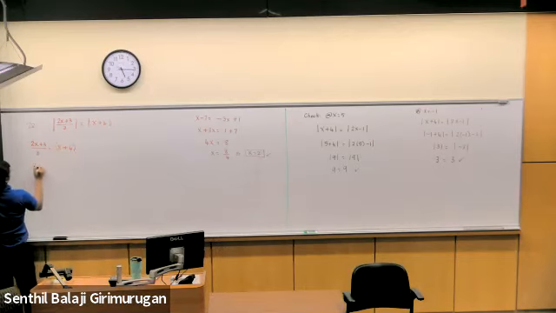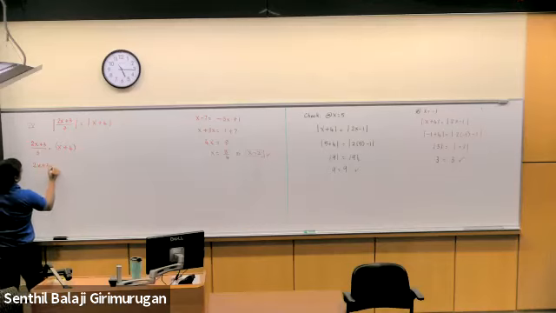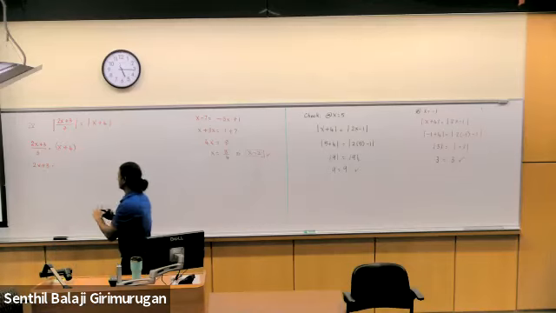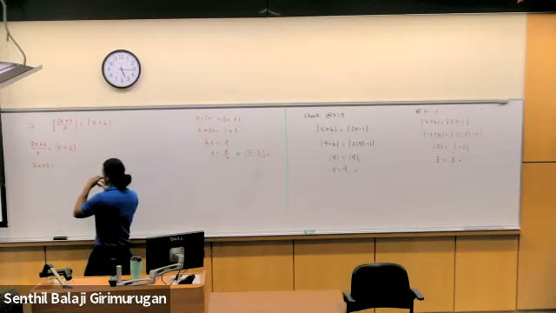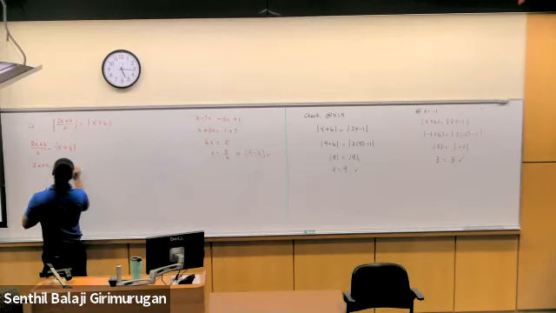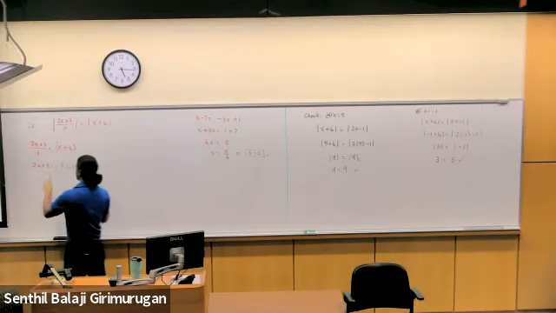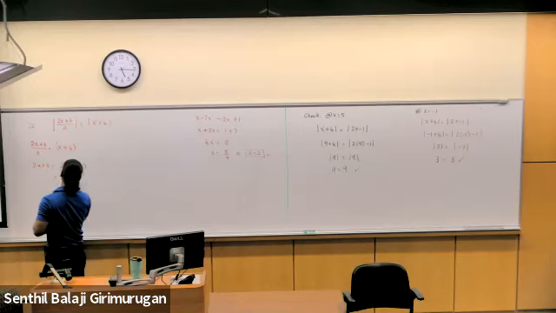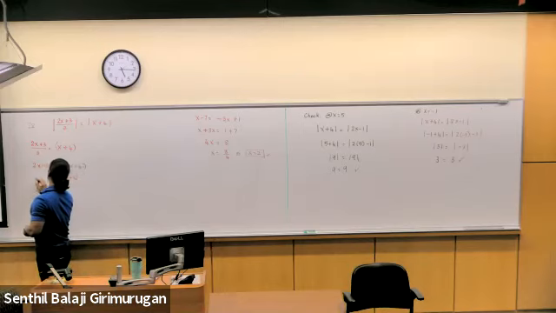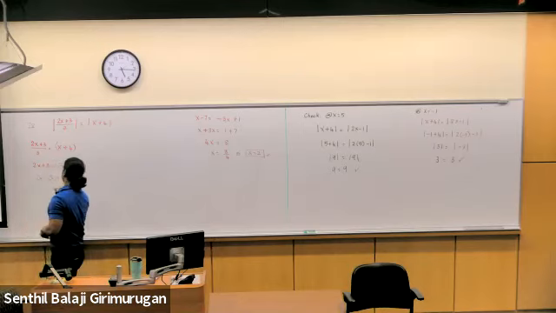So 2x plus 3. You can either say it as multiplying by 3 on both sides or cross multiply, one and the same. So 3 times x plus 4. Now we distribute the 3 in, so 3x plus 12 would equal to 2x plus 3.